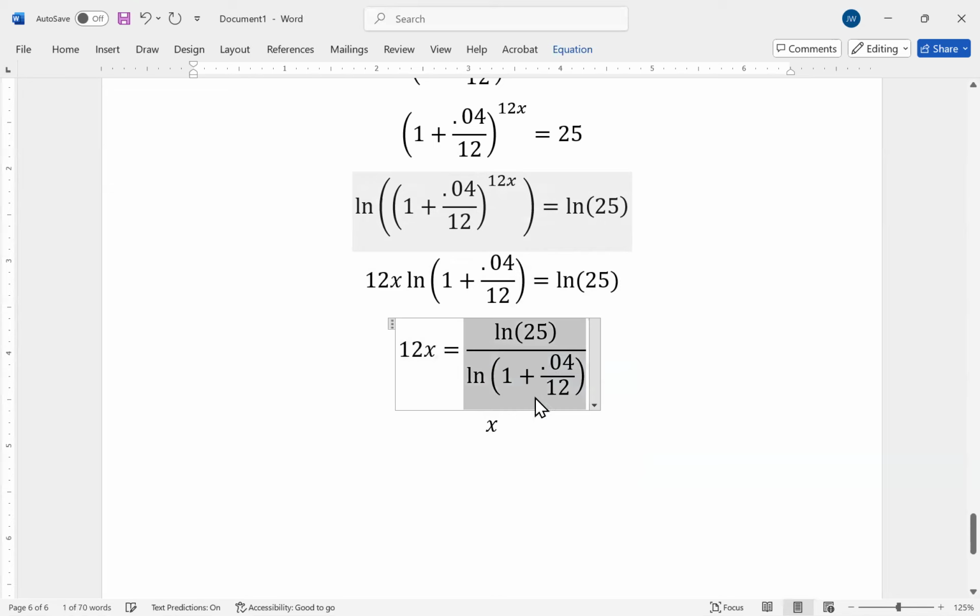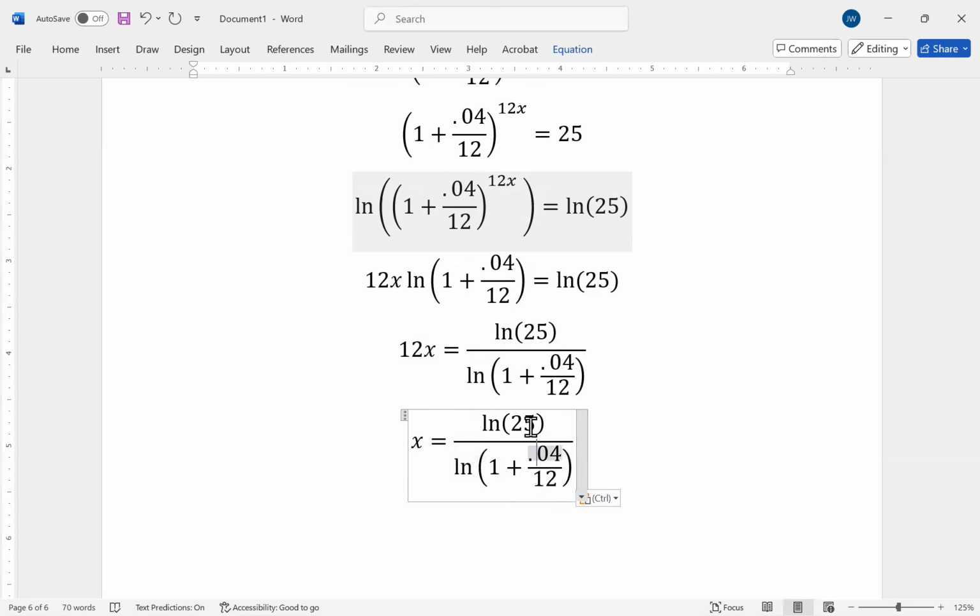Now, by doing so, you can just simply put 12 in the denominator when you write that. So dividing by 12, you get the natural log of 25 divided by this whole thing.